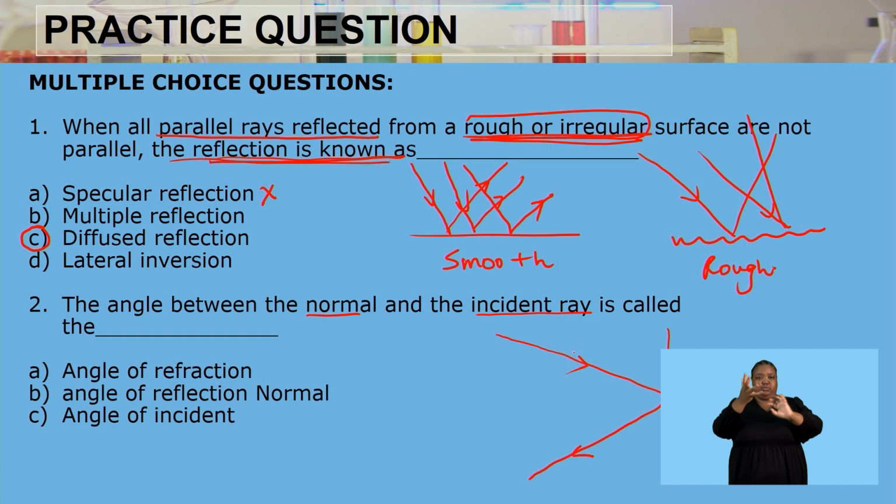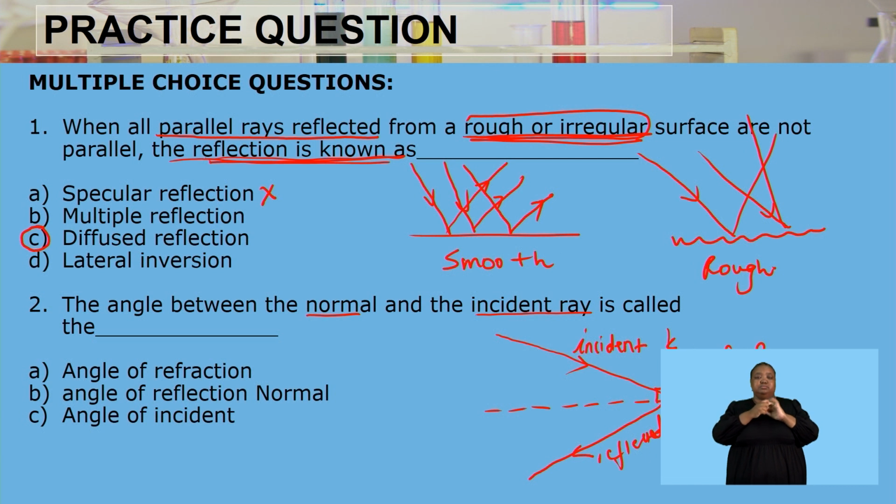So this is your incident ray, and this is going to be your reflected ray. Then in between those 2 rays, there's going to be a normal, or an imaginary line drawn in dotted lines, that is always drawn perpendicular to the surface, if this is your surface.